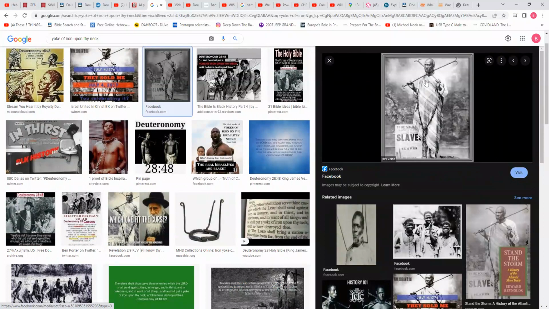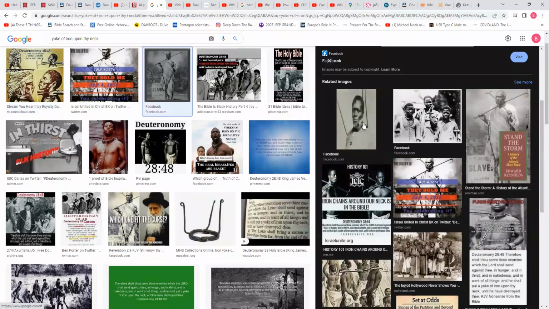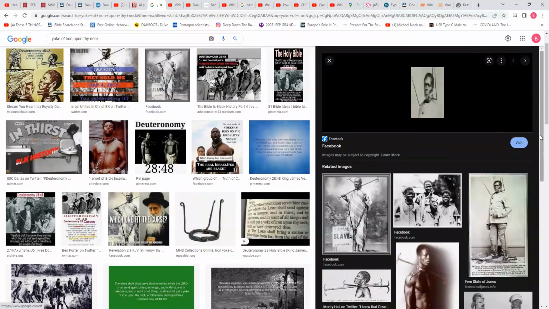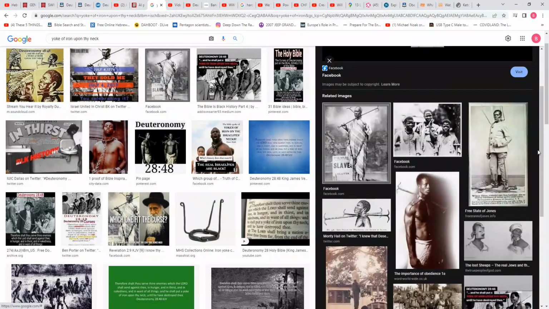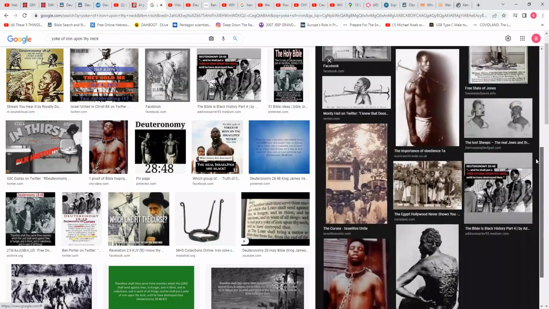He has a yoke of iron around his neck, and it says slave. I don't know if this is a modern picture, but you can see here, right? We fit those curses to a T.